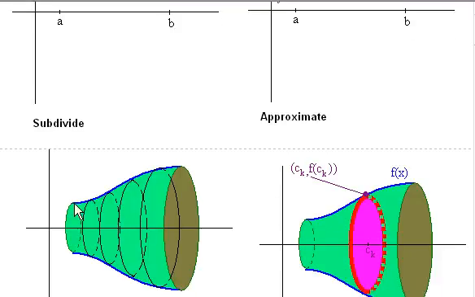Well, we can imagine subdividing this region. As you can see, I drew in a lot of these black circles, and that shows that the region is now subdivided. I didn't draw as many of them as I could have, but I think you get the idea.